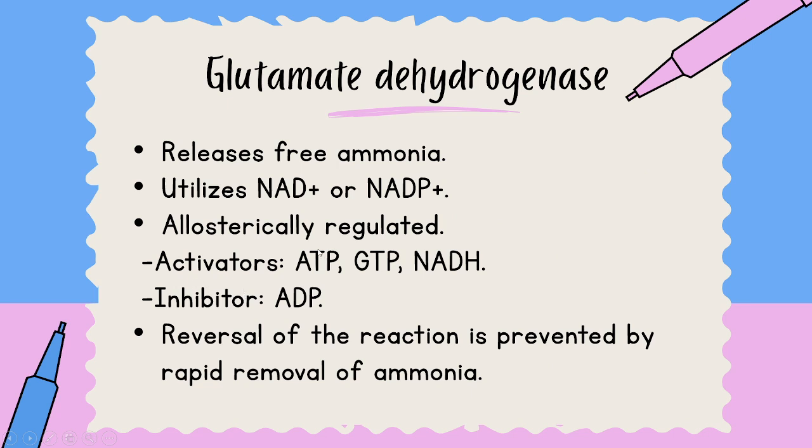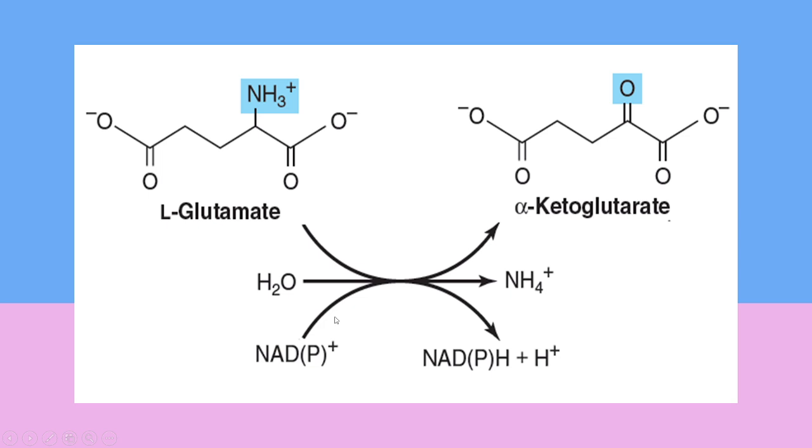Its activators include high energy signals such as ATP, GTP, and NADH, and it is allosterically inhibited by ADP. The reversal of the reaction is prevented by rapid removal of ammonia. So, glutamate dehydrogenase removes the amino group of glutamate as free ammonia.